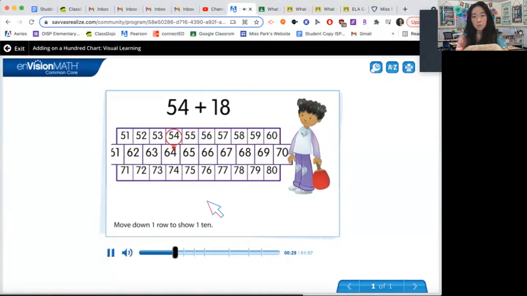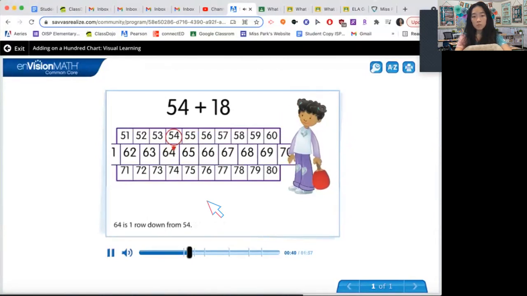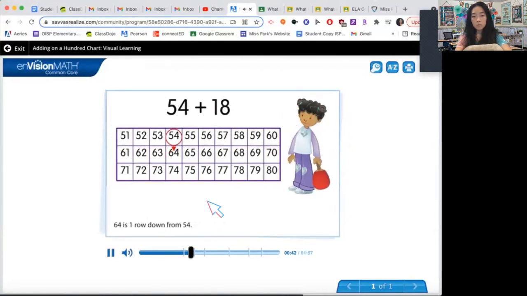Move down one row to show 110. How many rows down is 64 from 54? 64 is one row down from 54. How many tens is that? It is 110. How much more is 64 than 54? It is 10 more.